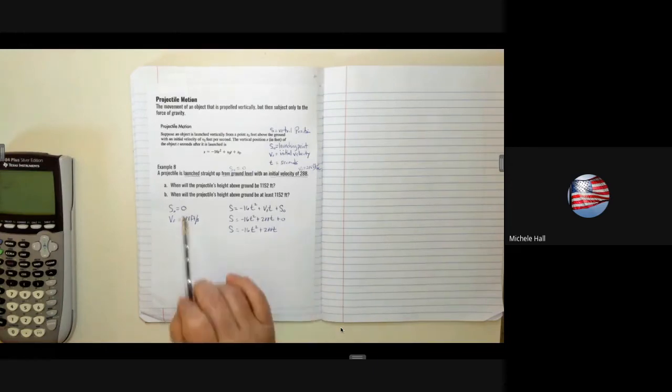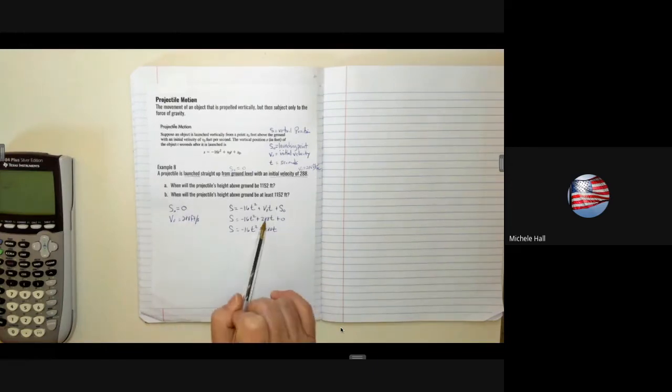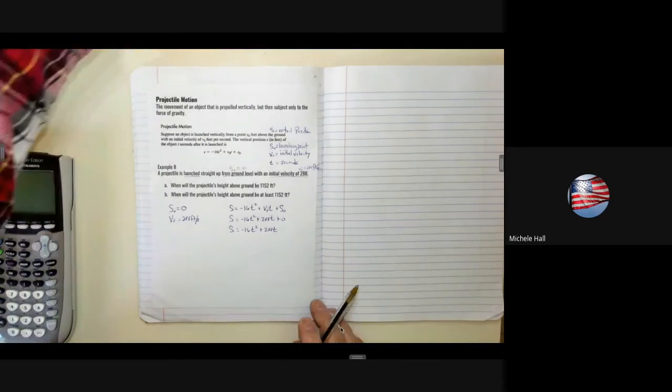We're going to substitute in our values. Velocity is 288, and the launching point is from the ground at 0. We're going to graph s equals negative 16t squared plus 288t. Let's graph that.